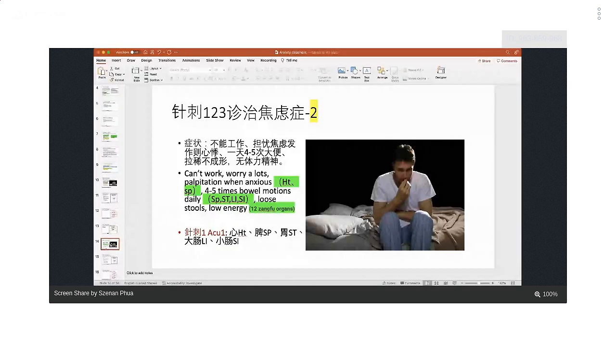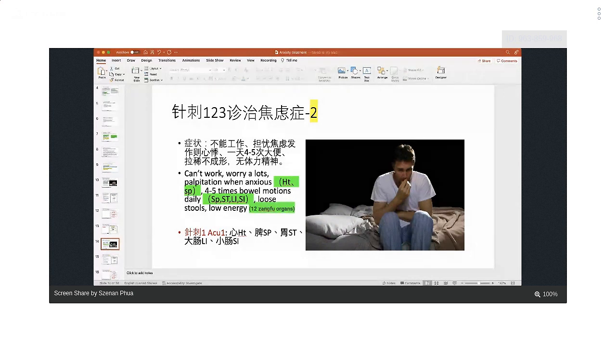Then look at here. 4 to 5 times bowel motion daily. Well, we were thinking just spleen, but it can be stomach, large intestine, and small intestine, right? Causing the loose bowel motion. So 3 more organs in here. They're all full organs.